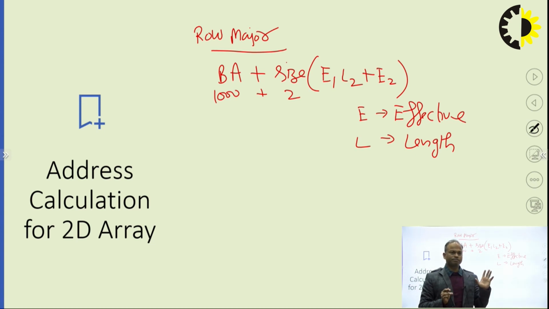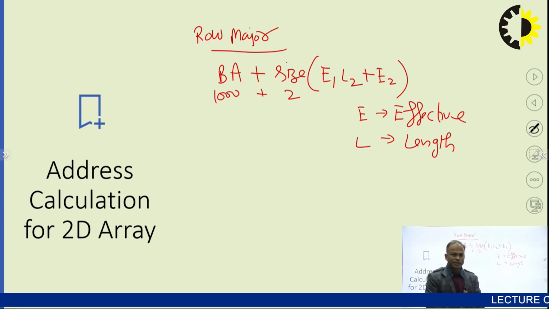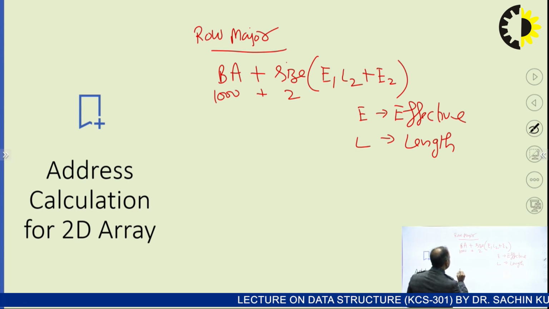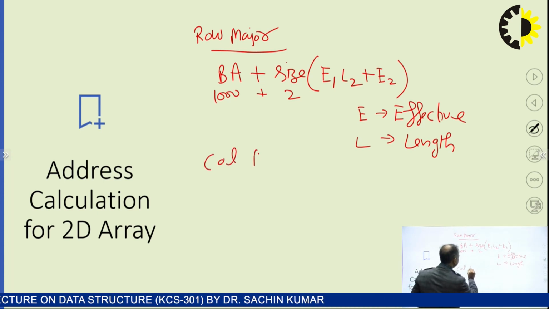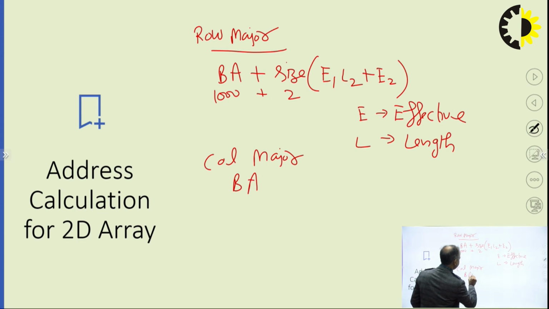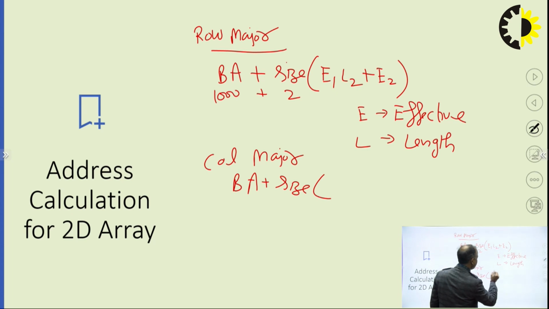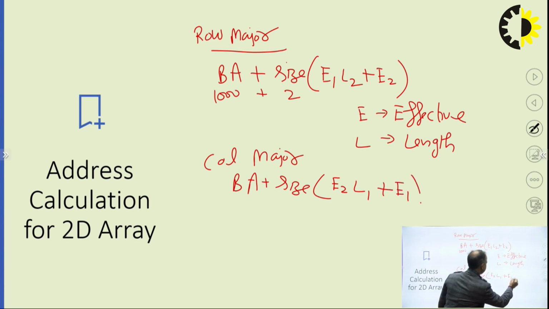Now, for example, if we have the column measure representation, then our formula would be base address plus size, and we need to start with E2, and in the row measure we need to start with E1, E2 L1 plus E1.